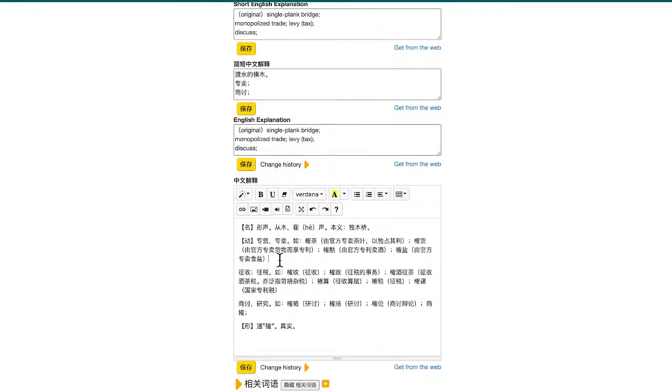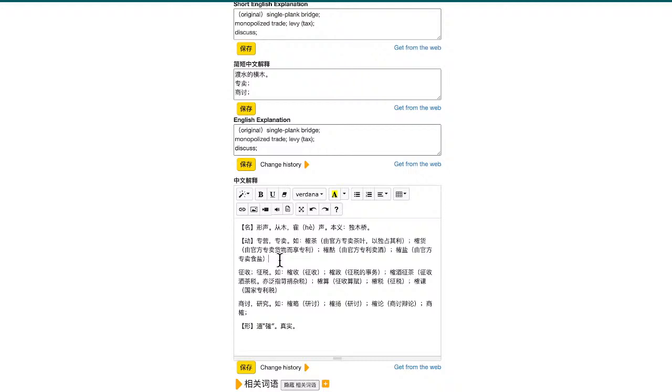Now when you use it as a verb, it means being given a special privilege to make sales, the privilege of monopoly.